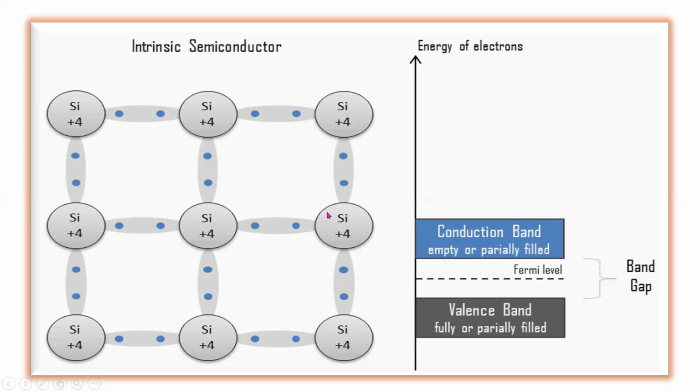All atoms are silicon, and each silicon atom donates one electron and shares it with the neighboring atom, forming a covalent bond.